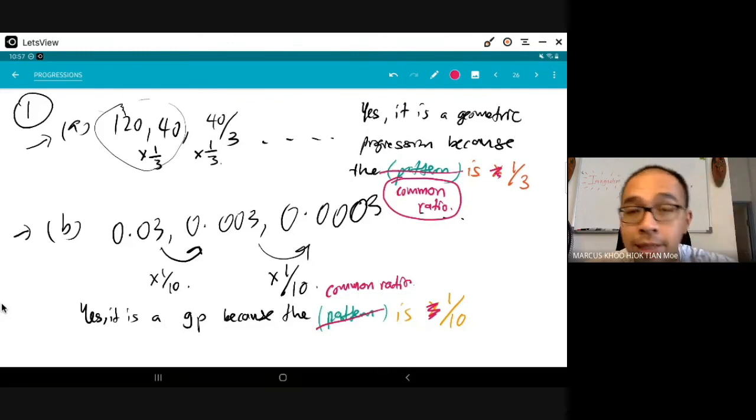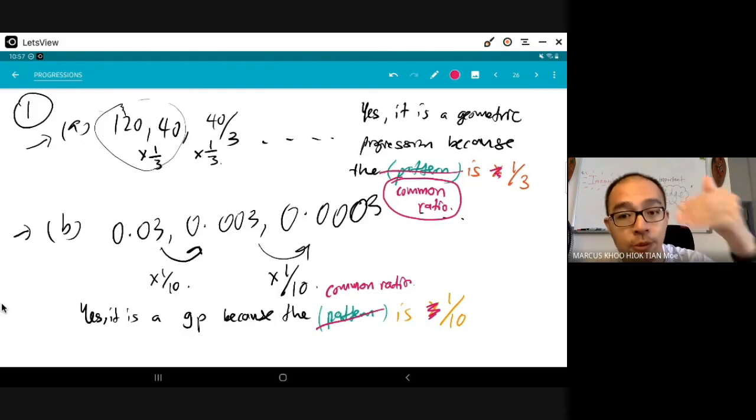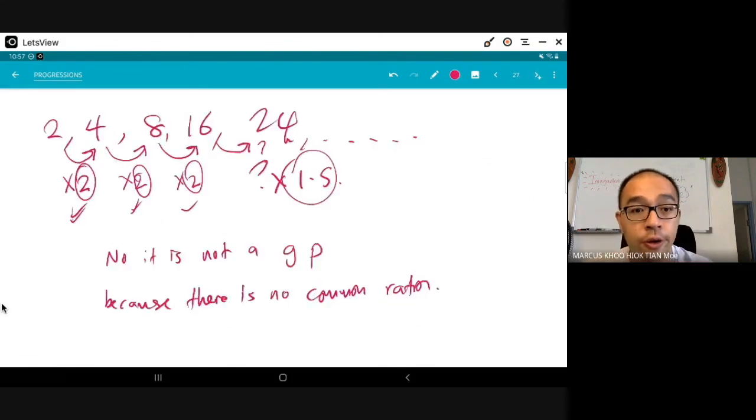We don't use the word pattern anymore. We throw away the word pattern, we say common ratio. The common ratio can be a number, can be a fraction. If it is a fraction, then the geometric progression will get smaller. If it is not a geometric progression, then you say because there is no common ratio. That's the most important thing.